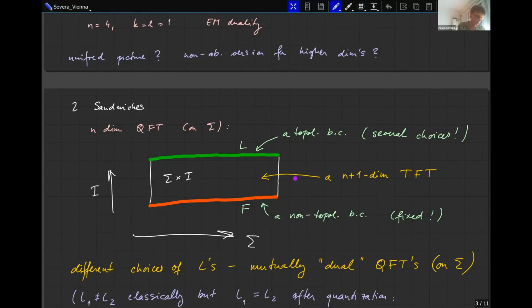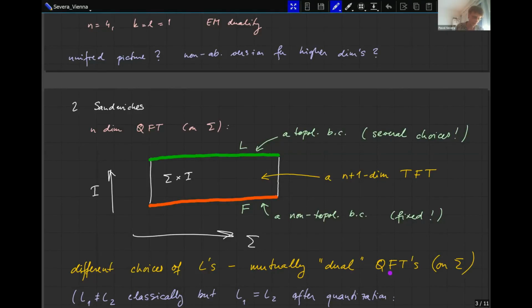Now the picture says, let's keep everything fixed and just replace this L with some other L. Then we get a closely related, but not quite the same, quantum field theory on Sigma. And this is how we get those mutually dual quantum field theories.